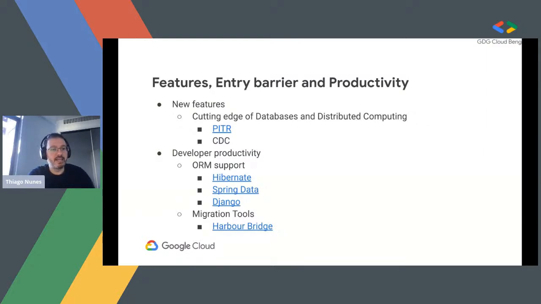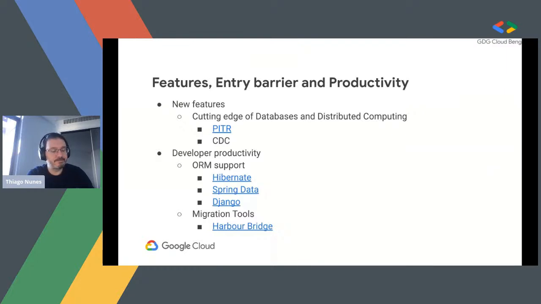We're constantly working on developer productivity, so we want to make developing with Spanner a very good process for any software developer. So we have provided ORM support already for Hibernate, Spring Data. We are doing Django now.